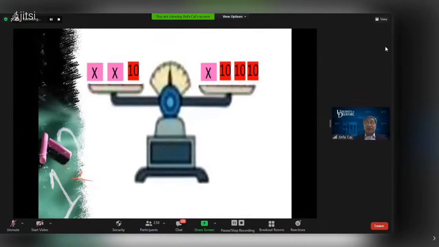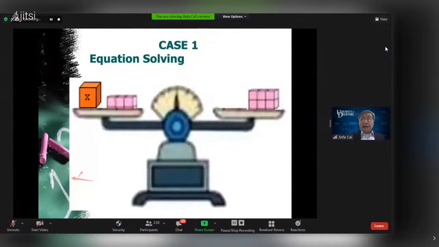Second task changes the equation a little bit. We've got 2x on the left-hand side and 1x on the right-hand side, but the other block is already labeled as 10, not like the first one, which was labeled as an actual physical thing.